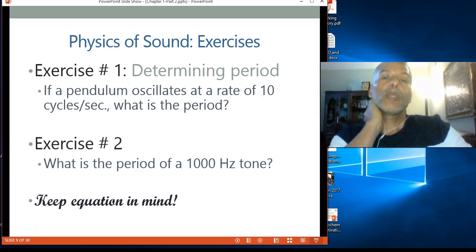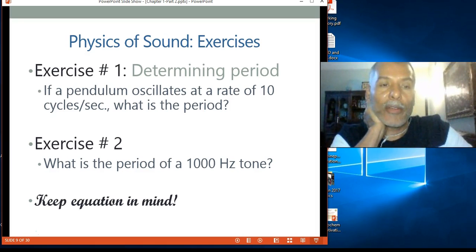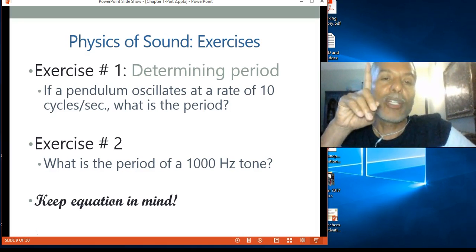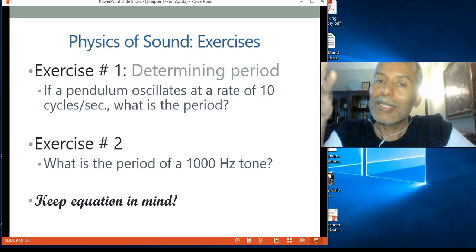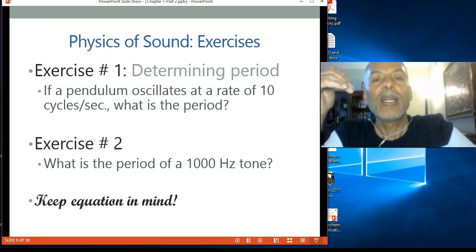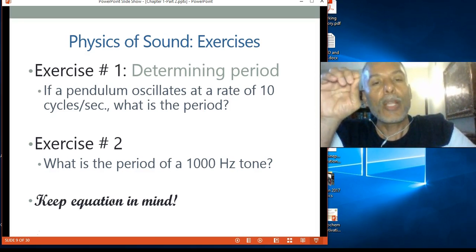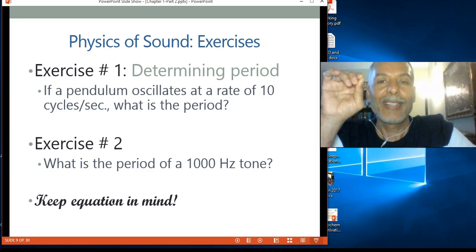So we would like to determine the period. If the frequency of a pendulum is 10 Hertz, what is the period?